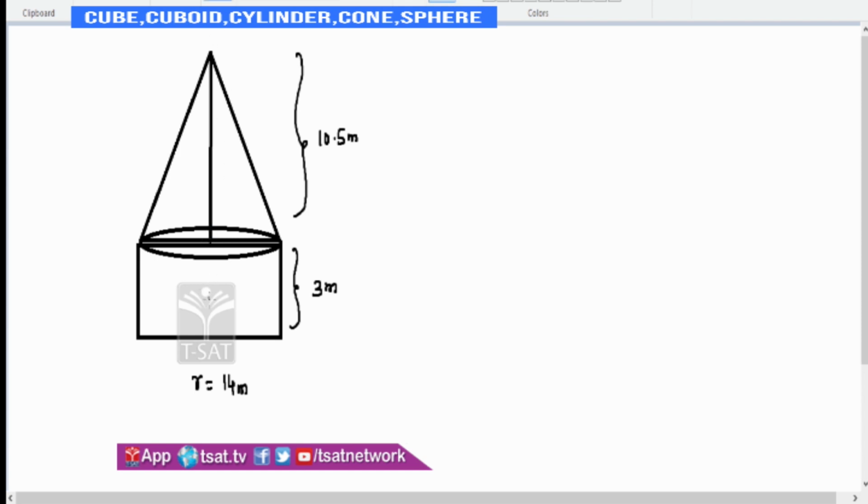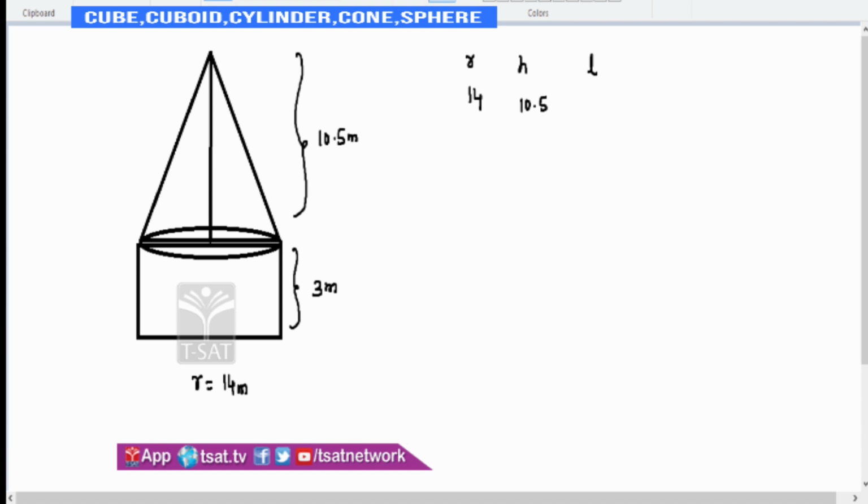See, the lateral surface area of this one is 2 pi RH, but for the cone it is pi RL. Try to understand, 14 is the radius of the base. I am talking about the cone. Height is 10.5. Then what is the length? It will always be a multiple of a triplet.